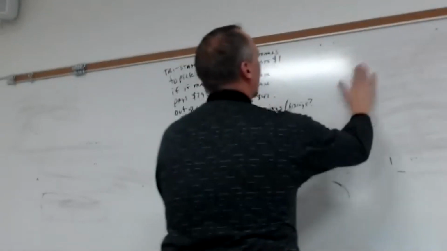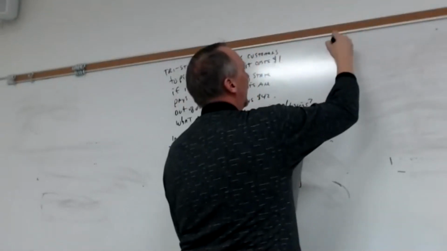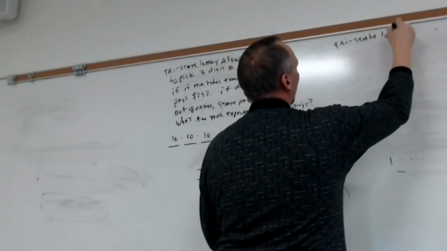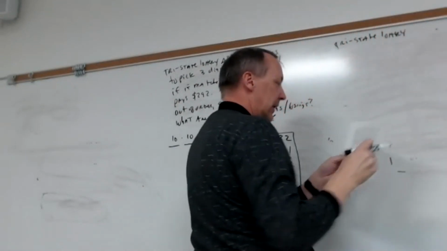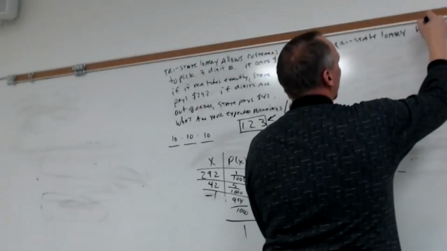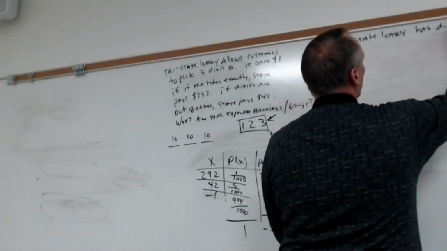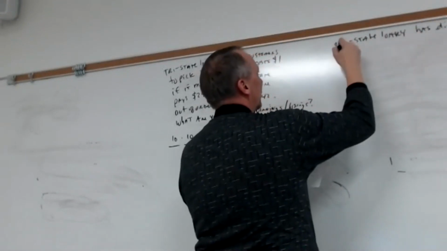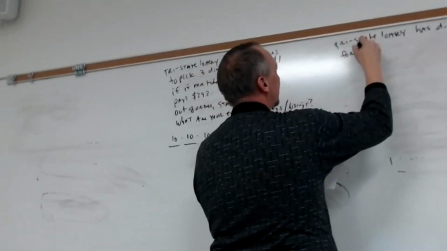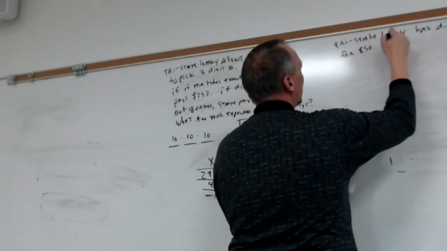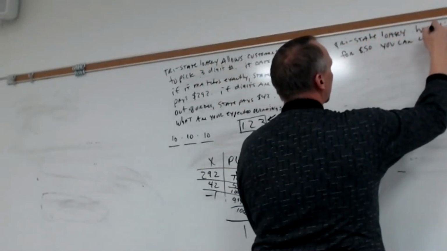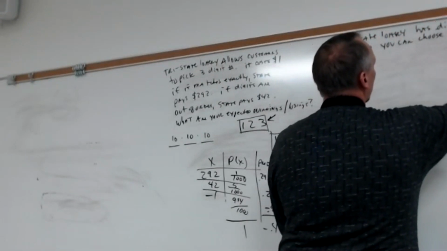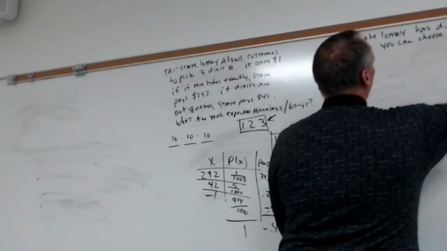All right. So we're going to do a different one. We've got the tri-state lottery. It has a different bet. For 50 cents, you can choose one 3-digit number.